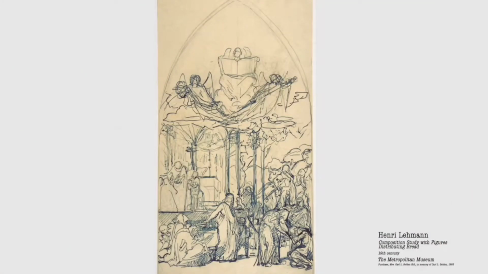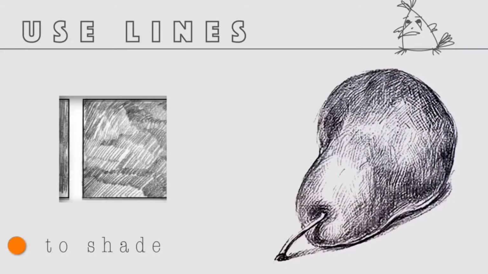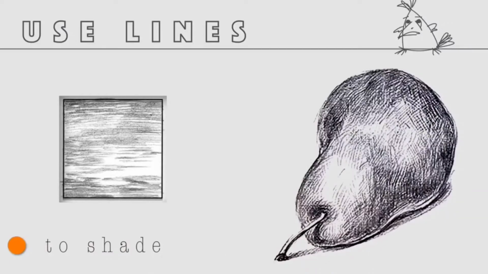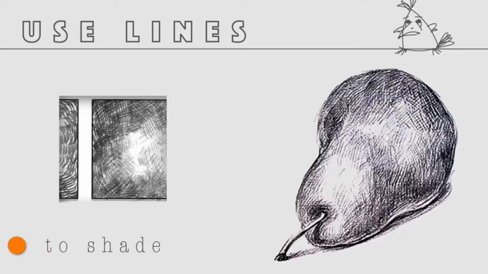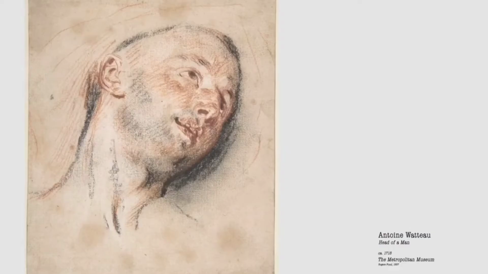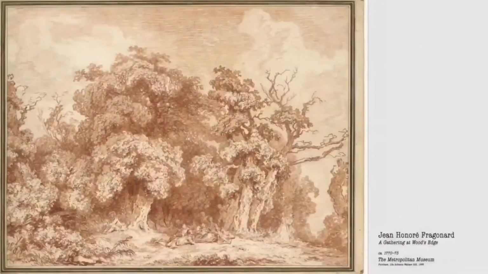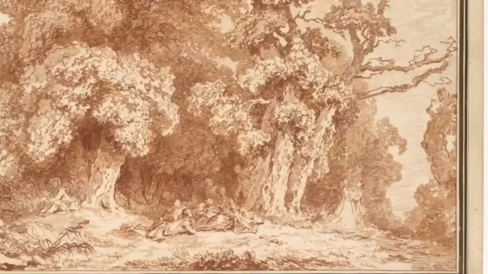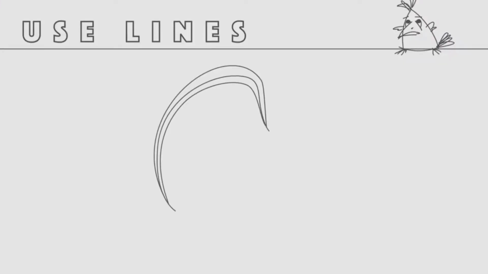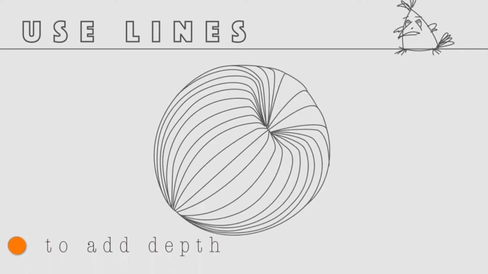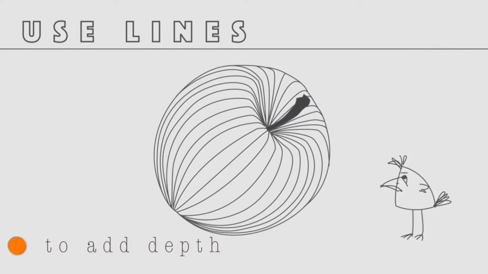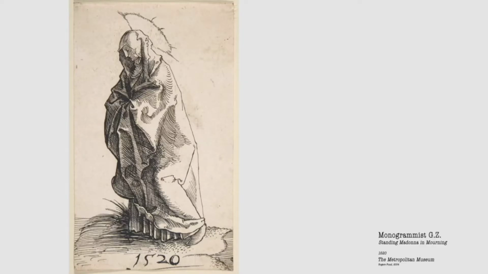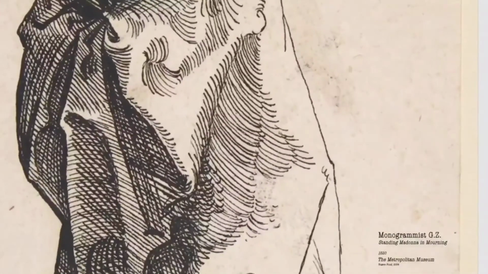All shading techniques are based on the use of line, like cross-hatching, curved lines, straight strokes, or parallel marks, or variations of strokes to show depth, tonal values, and texture.